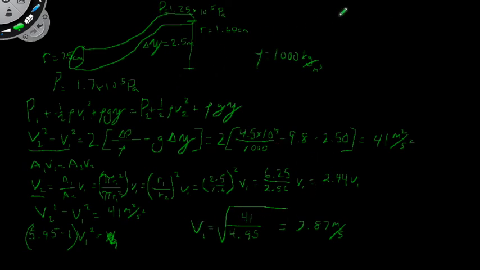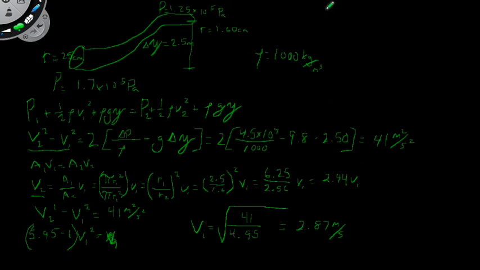Now, this is a little bit easier. If you think about it, earlier I solved for V1. V2 is going to be 2.44 times V1. So now all I do is go ahead and multiply them out.